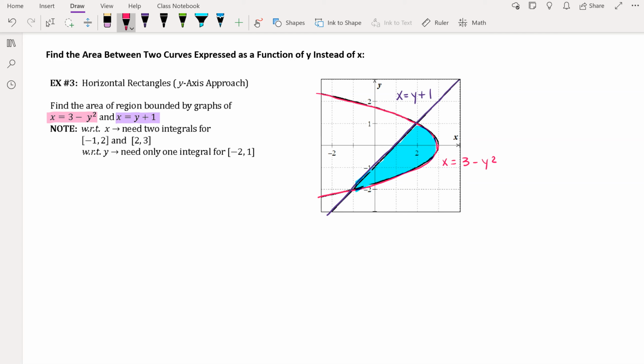And so, if we did this like a normal integral, let's pretend we're going to find the intersection points in a second, but let's just pretend that they intersect at -1 and then at 2.